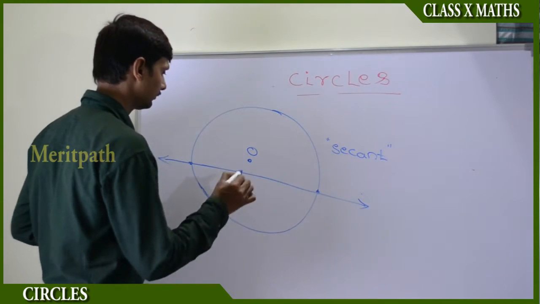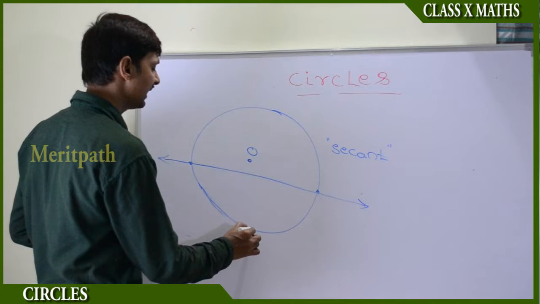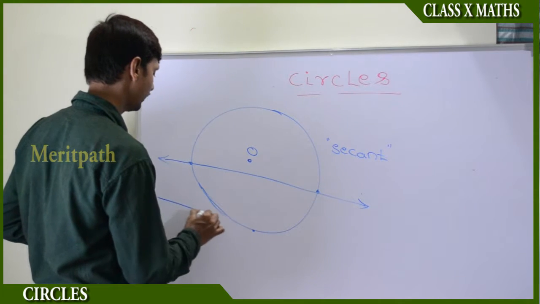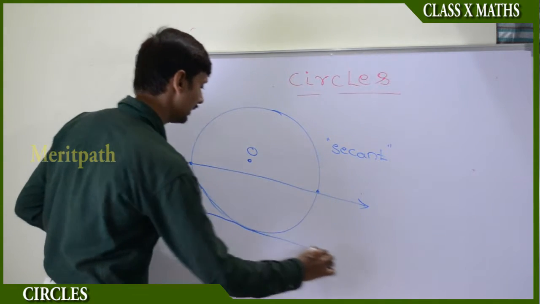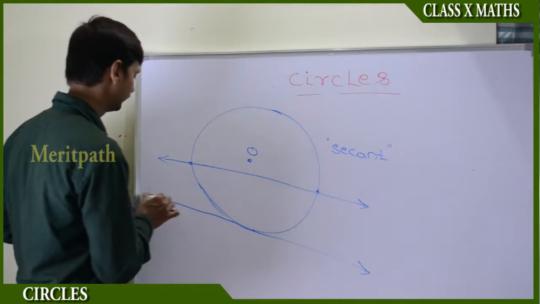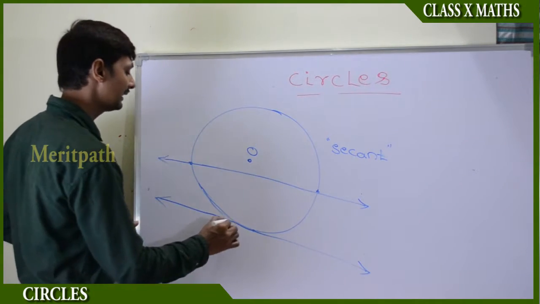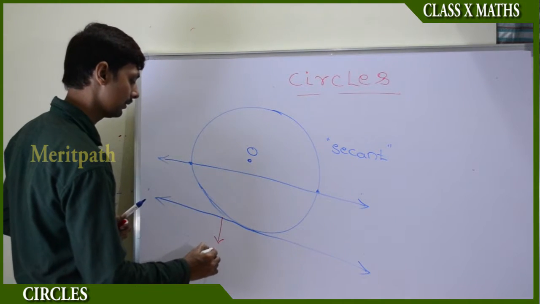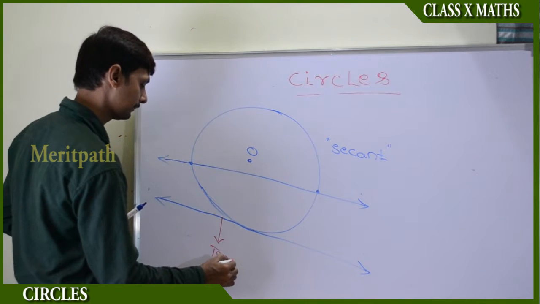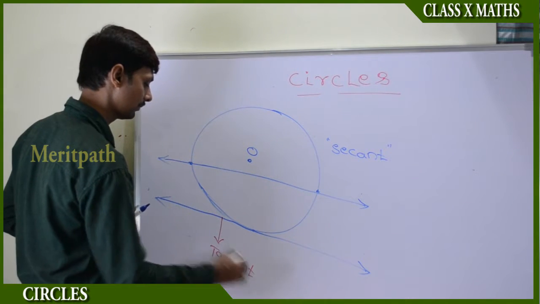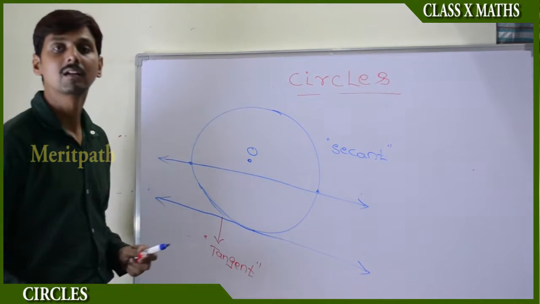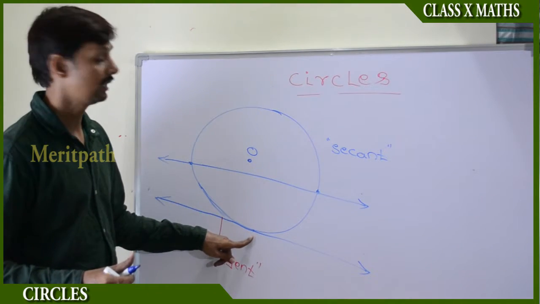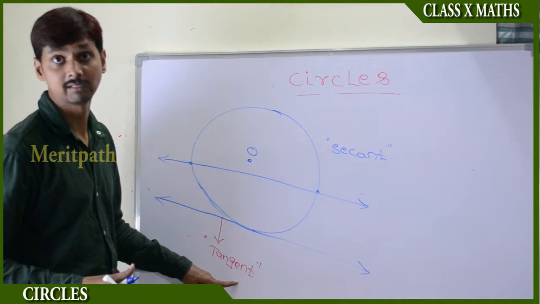And take a point on the circle, passing through that point we have drawn a line. This line is called a tangent of the circle. It's nothing but when we draw a line which is touching at one point of the circle, it's called a tangent.